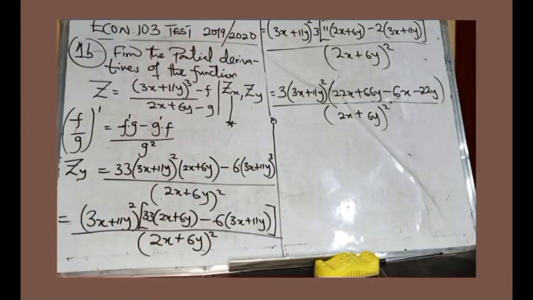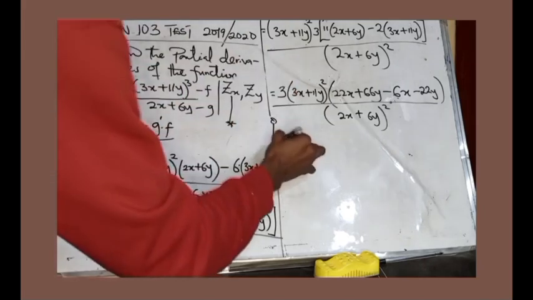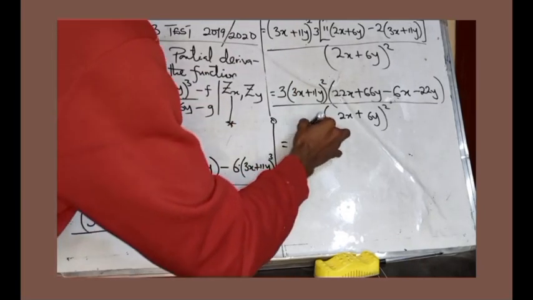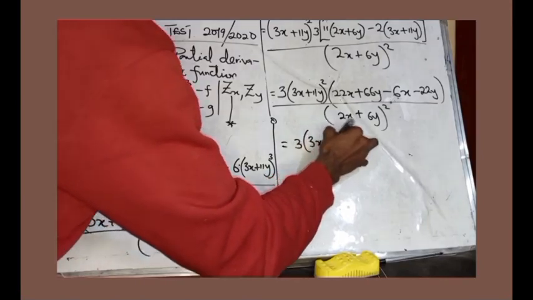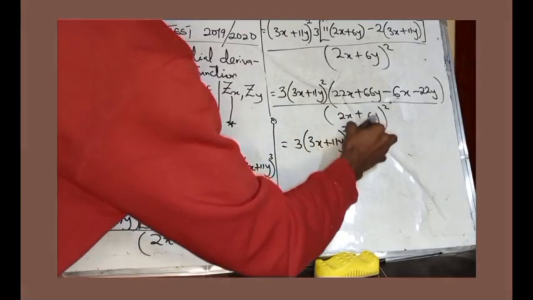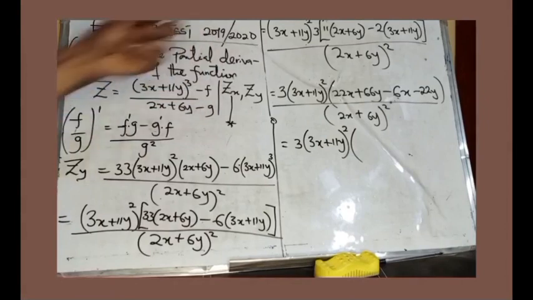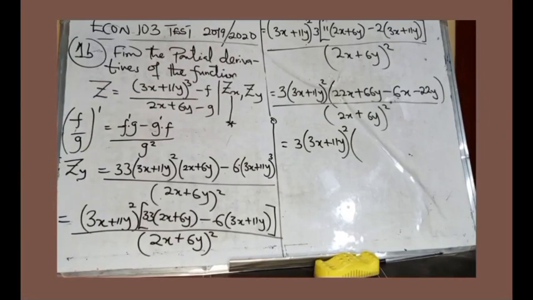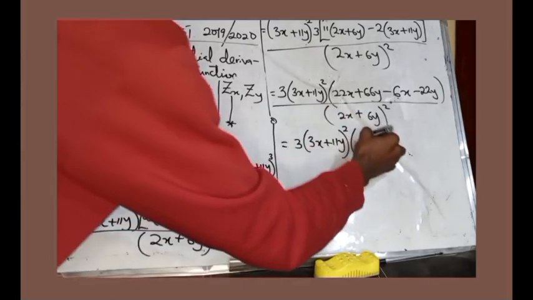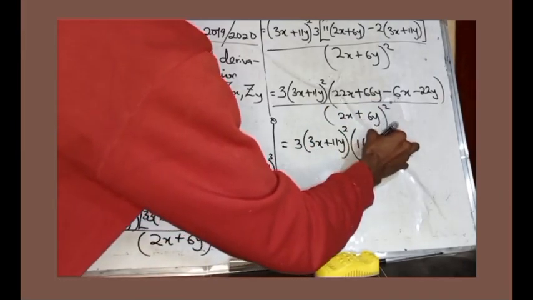Okay, so what do we do next now? Let's proceed. From here, what do I have now? I have 3 here, open bracket 3x plus 11y square. Now we have to do 22x minus 6x, and this will give us 16x.